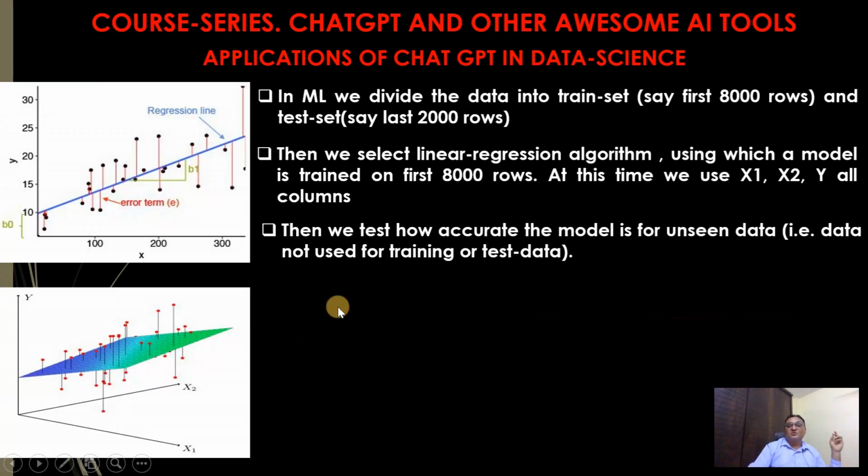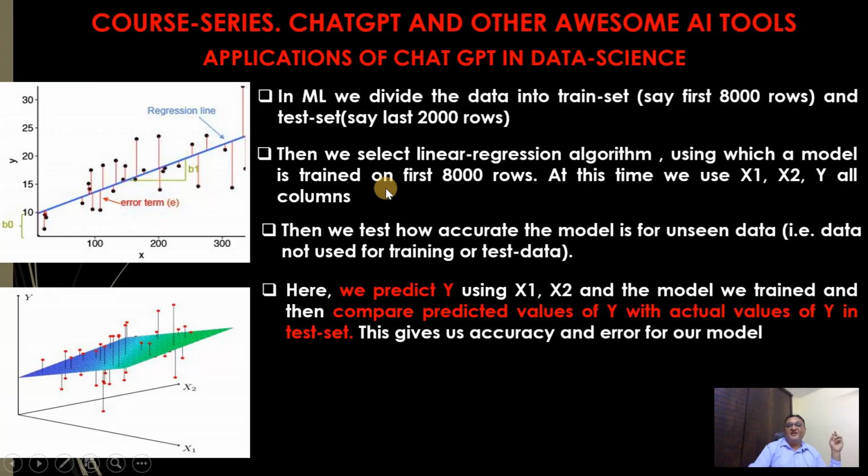But even for those 2,000 rows, we already know the actual values, so we can compare how far off your model's predictions are from the actual values. Here, these red dots are actual values, while model predictions will always be on this plane because we are assuming a linear relationship. Or in two dimensions, model predictions will be on this line.